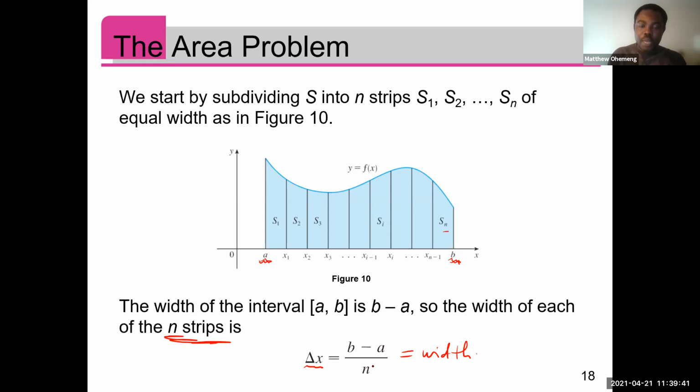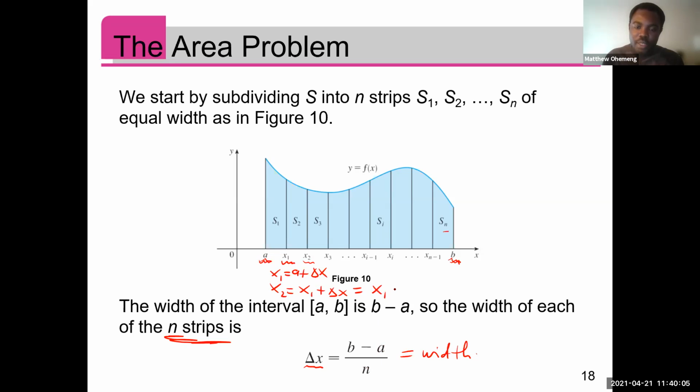Now, if your width is b minus a over n, then that means that this x1 was obtained by doing what? a plus delta x. What about the x2? For x2, we just add the width value to it. So the x2 was obtained by doing x1 plus delta x. But what is x1?